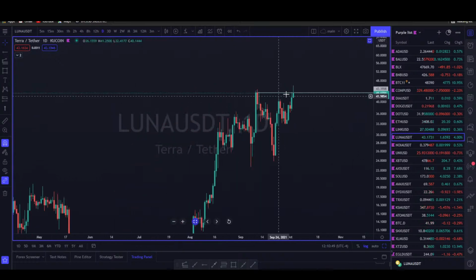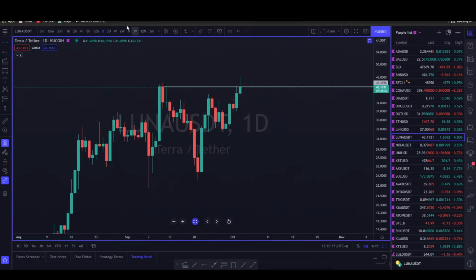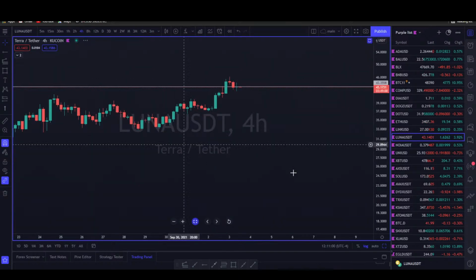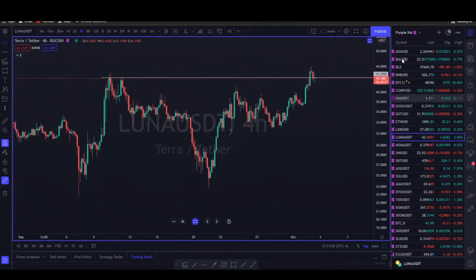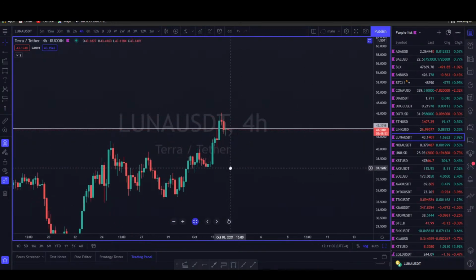But you can see that you have made a new all-time high, but you're trading under the resistance. See this? You're trading under the resistance. So what I typically do in these scenarios is I will go find a smaller time frame bearish candle and see if that price holds there.